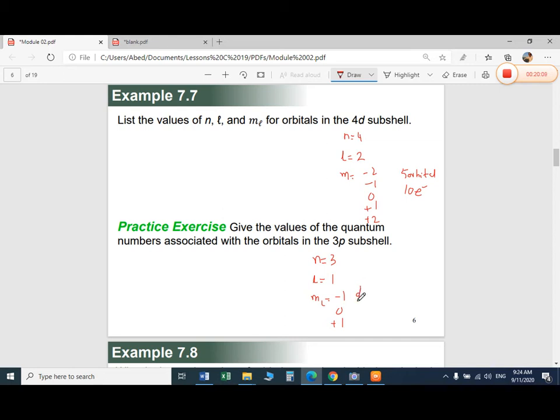This is px, py and pz. Here I can write dxy, dyz, dxz, dx square minus y square, dz square, but this will be complicated for you, and you do not need to remember it.